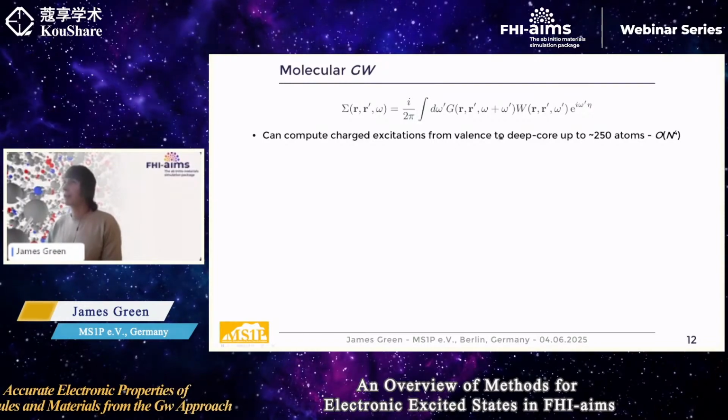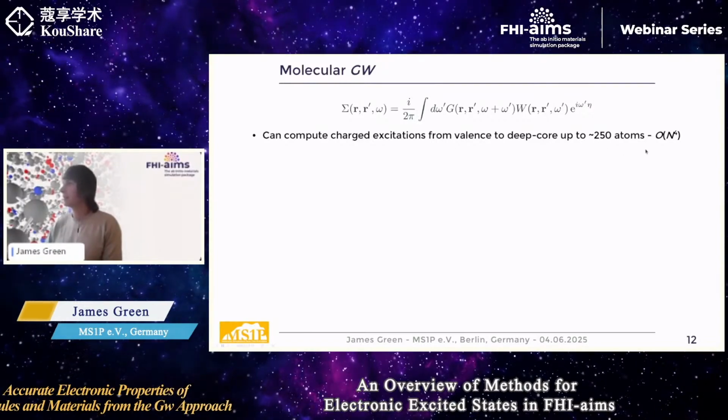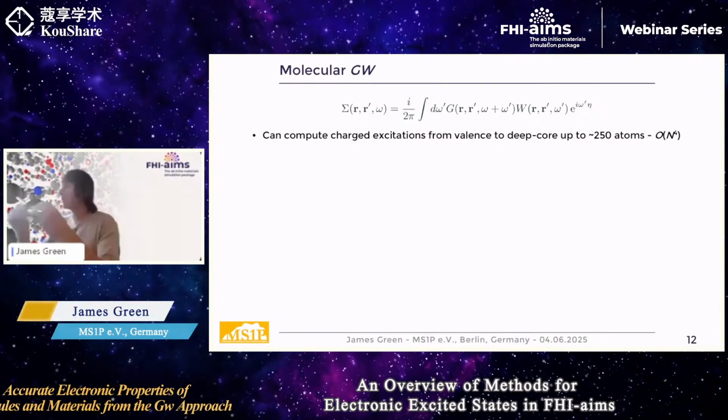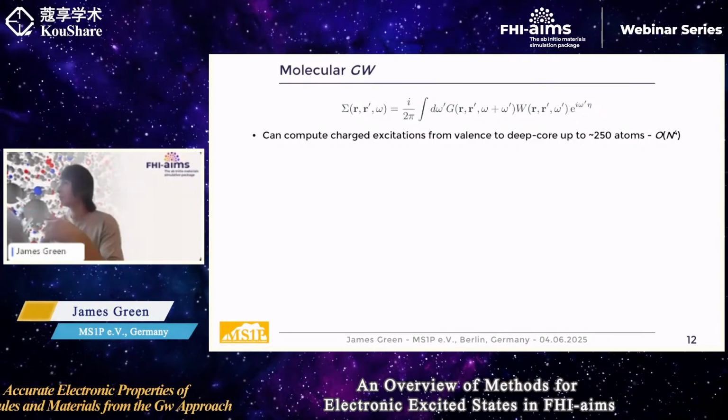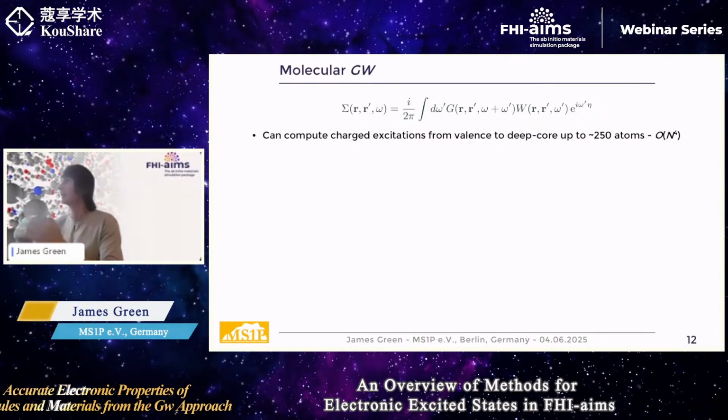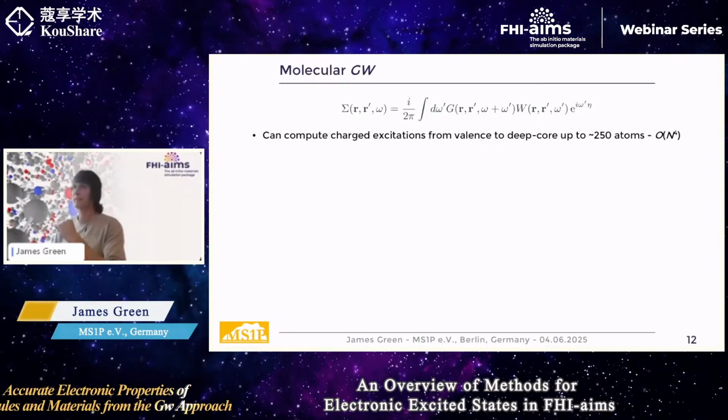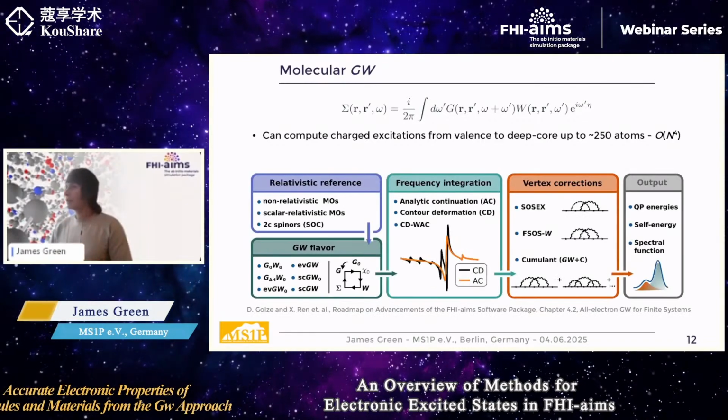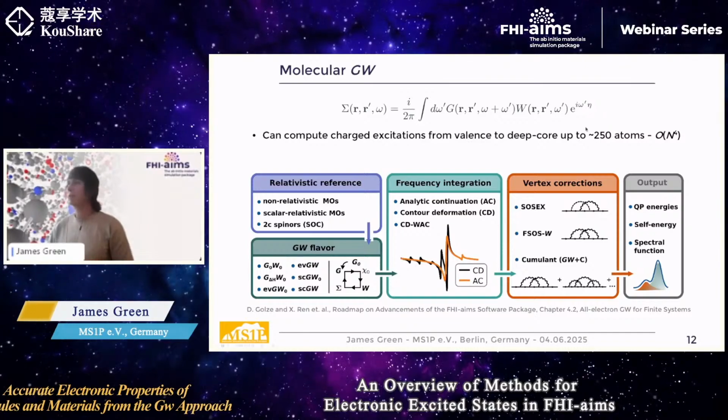And with this, we can compute charged excitations from valence to deep core. And the implementation in FHI-aims can go to around 250 atoms, scaling to the 4th power. We have lots of different options for GW in FHI-aims.